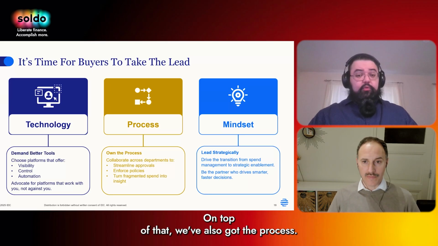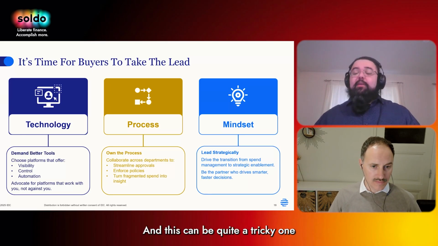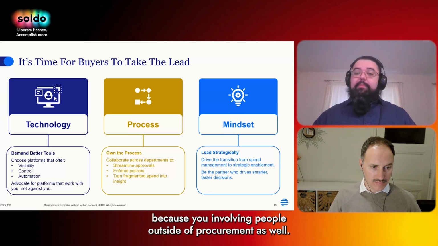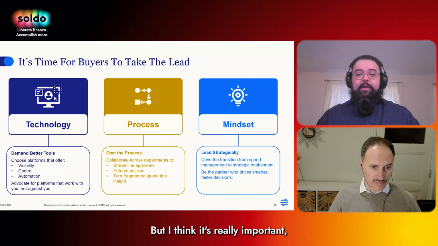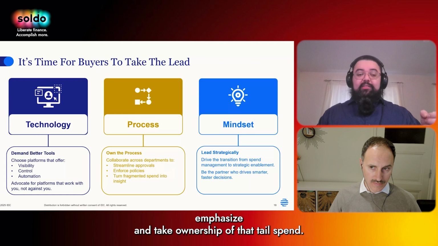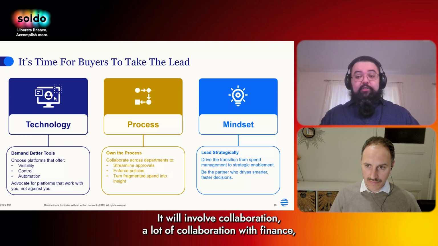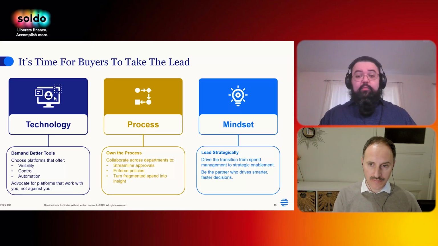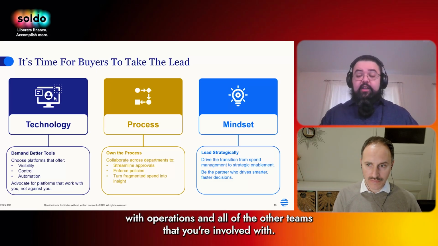On top of that, we've also got the process, and this can be quite a tricky one because you're obviously involving people outside of procurement as well. But I think it's really important, especially when it comes to things like tail spend, to really emphasize and take ownership of that tail spend. It will involve a lot of collaboration with finance, sales and marketing, operations, and all of the other teams that you're involved with.